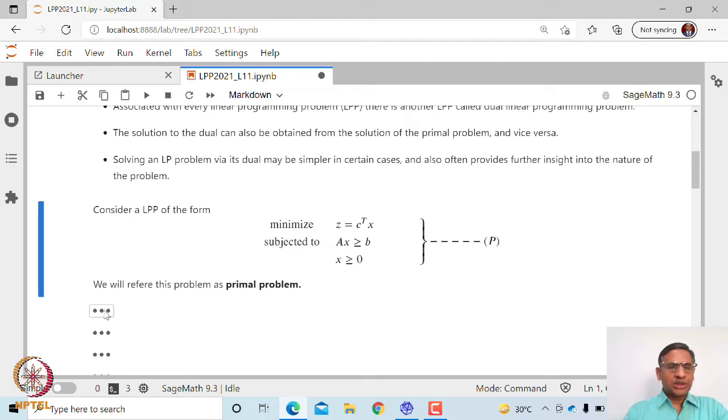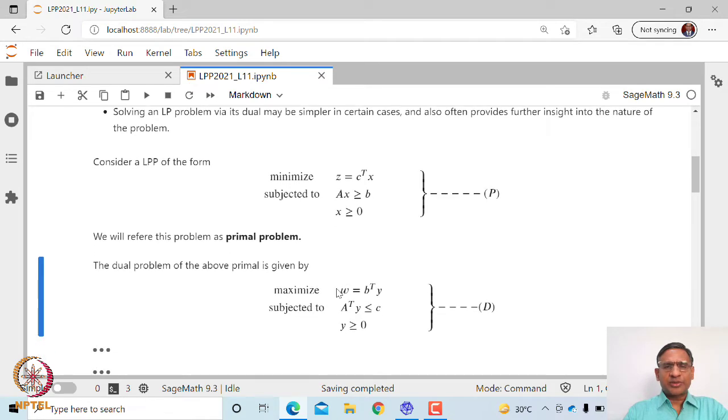Okay, so the dual of this linear programming problem, which is given in P, is of the form: maximize W = b transpose y, subject to A transpose y ≤ c and y non-negative.